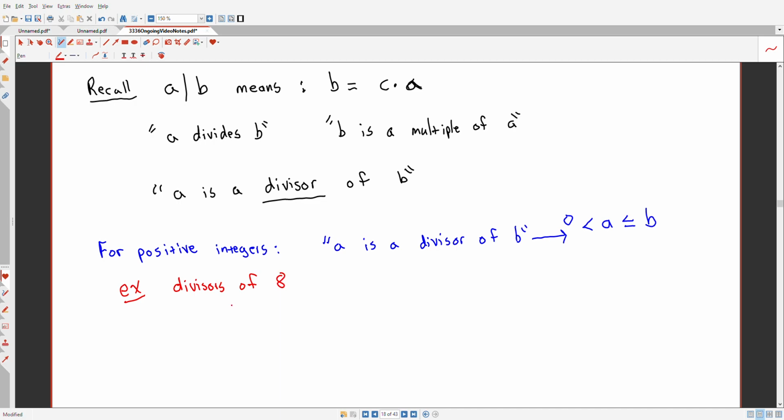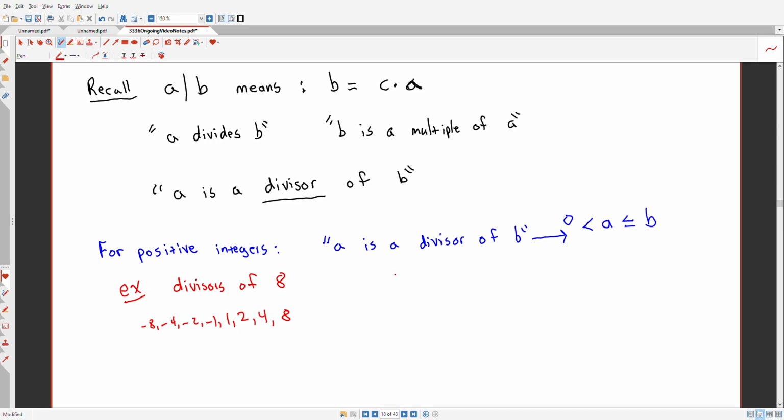You might say, well, 1 divides into 8, 2 divides into 8, 4 divides into 8, and 8 divides into 8. Those are all its divisors, but actually all I wrote there were its positive divisors. I also have -1, of course. I also have -2, -4, and -8.